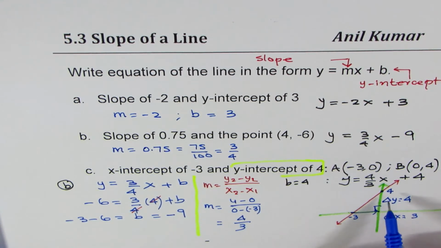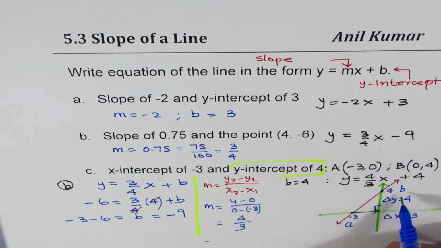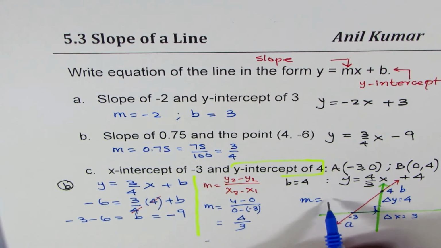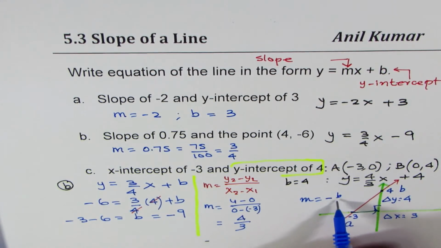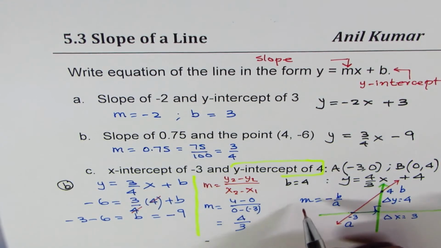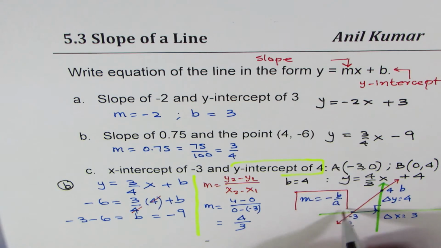So you can actually find the slope from the x and y intercepts, and if A is your x-intercept and B is your y-intercept, then in this case, slope will be minus B over A, right? It's the negative of the ratio of the intercepts. So you could also use this formula directly to find the slope.